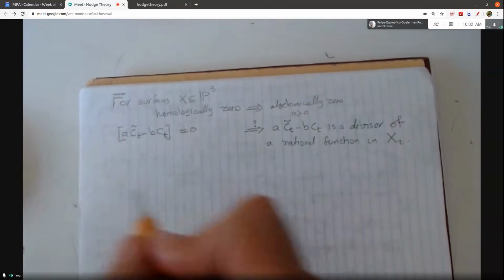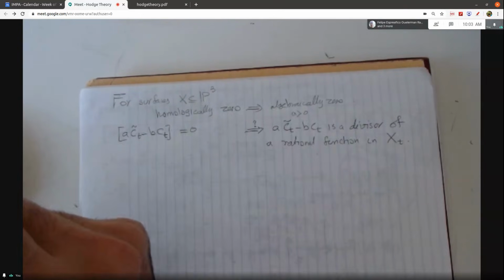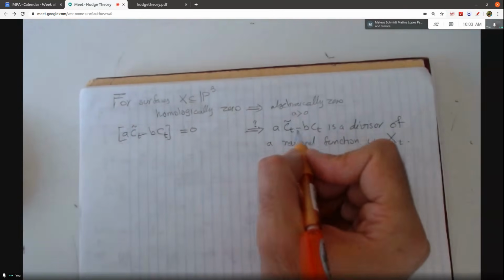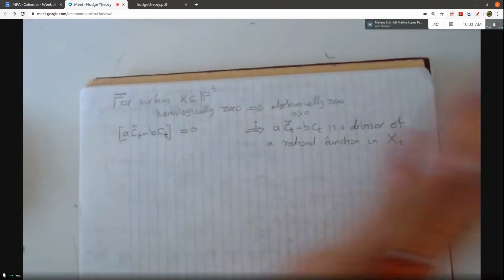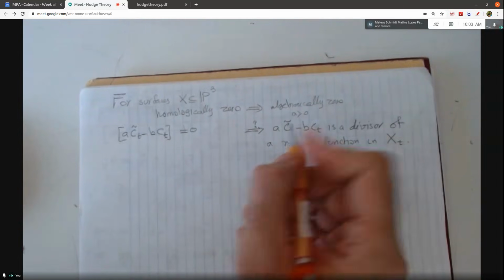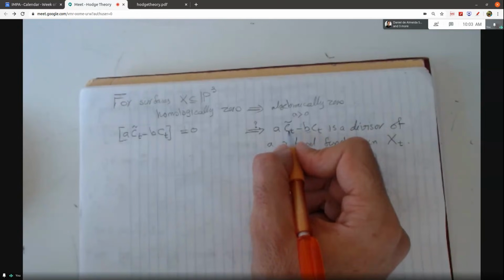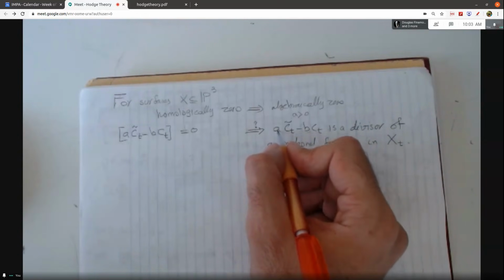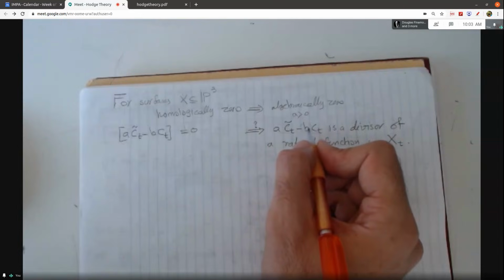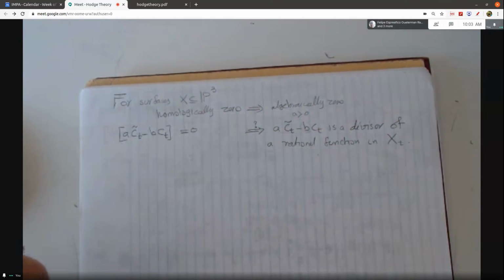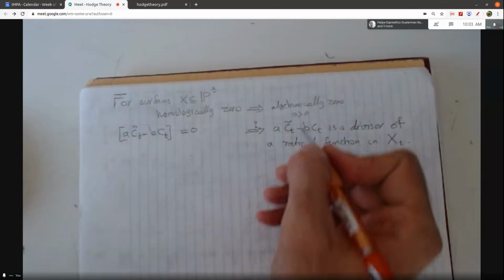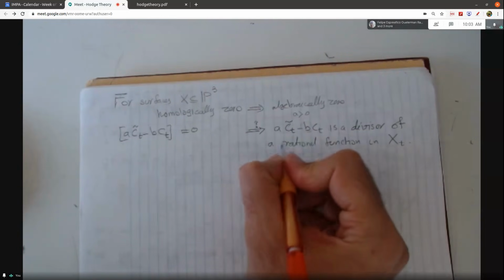For this one I will present a part of my book anyway, and once this is done, we are already done, because first of all this will imply that B cannot be negative, otherwise we will have a positive divisor, because A is positive and then B must be necessarily positive. And at the end we'll have a rational function.